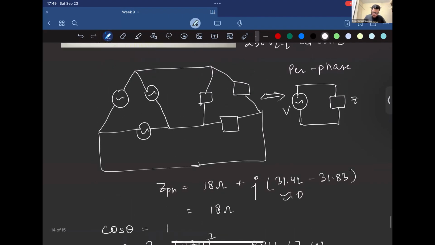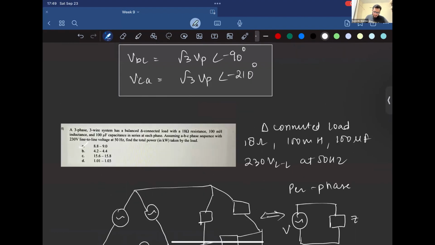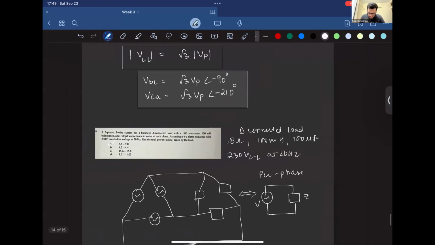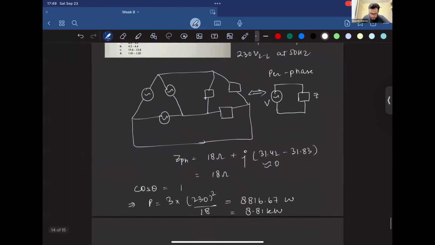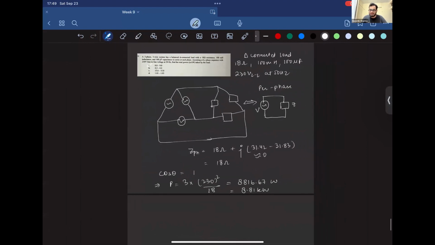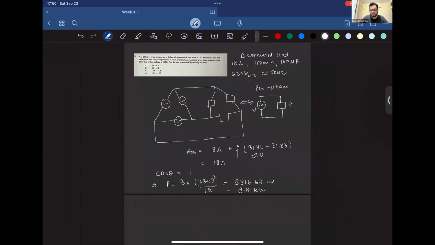So the answer is A. That's how you calculate questions pertaining to three-phase circuits. When it's a balanced load or balanced circuit, you can convert it into a per phase solution, and then while calculating the power, just multiply it by 3.